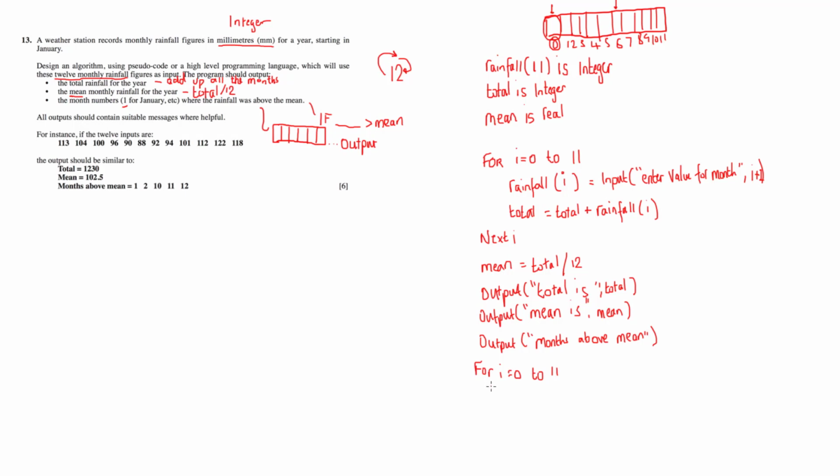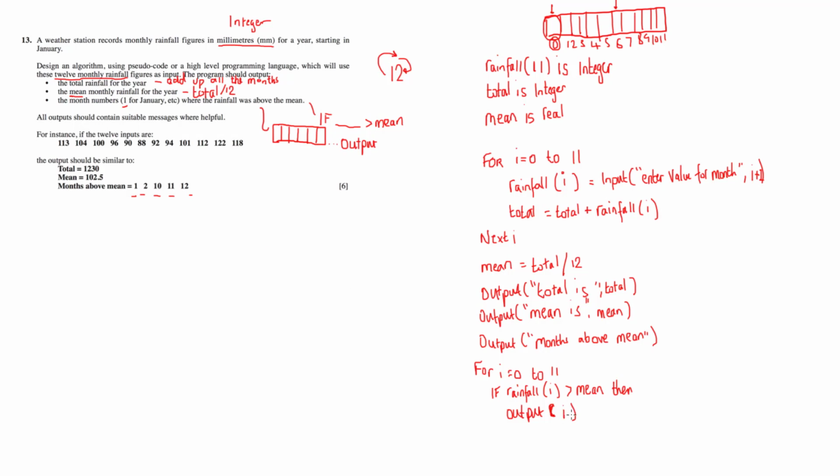Now, in order to go through my data, I need to say if rainfall array at the position of I is greater than the mean I've just calculated, then output the month number. Now, the month number is I. So just output I. So for example, in the test data over here, it just outputted 1, 2, 10, 11, 12.